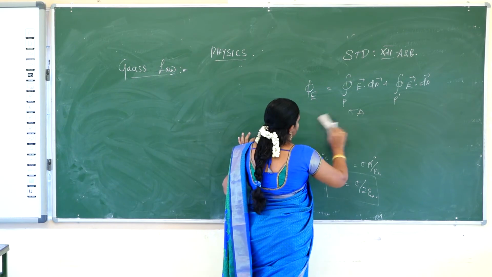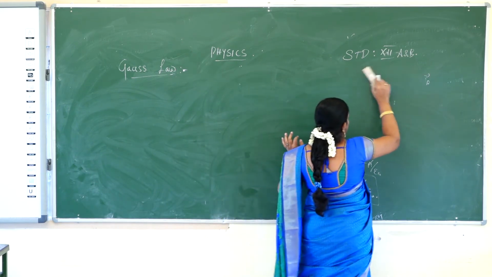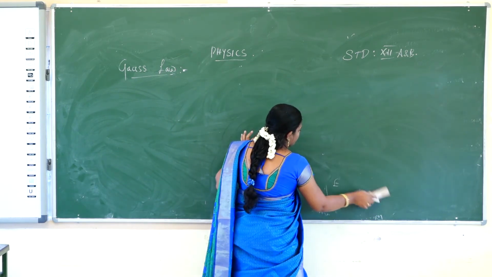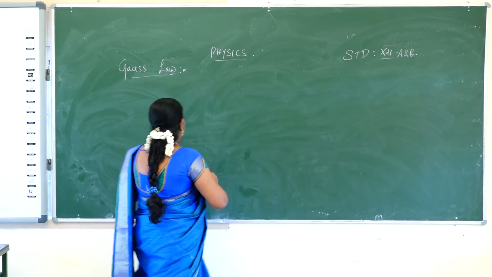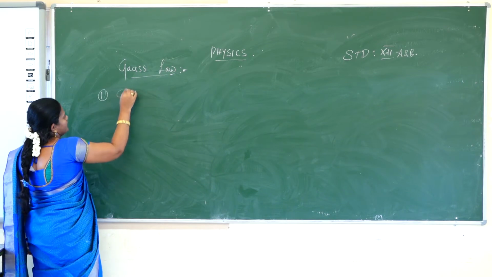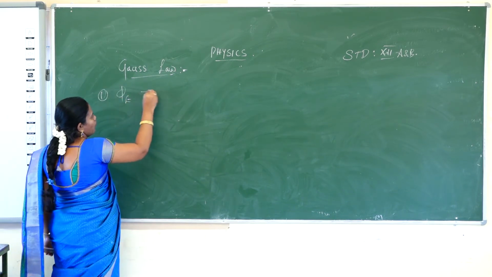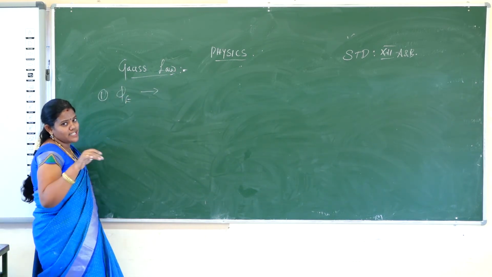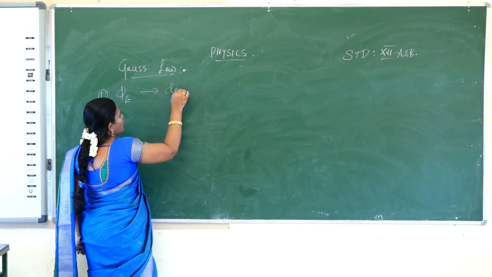First, the electric flux phi E depends upon the charges inside the surface.